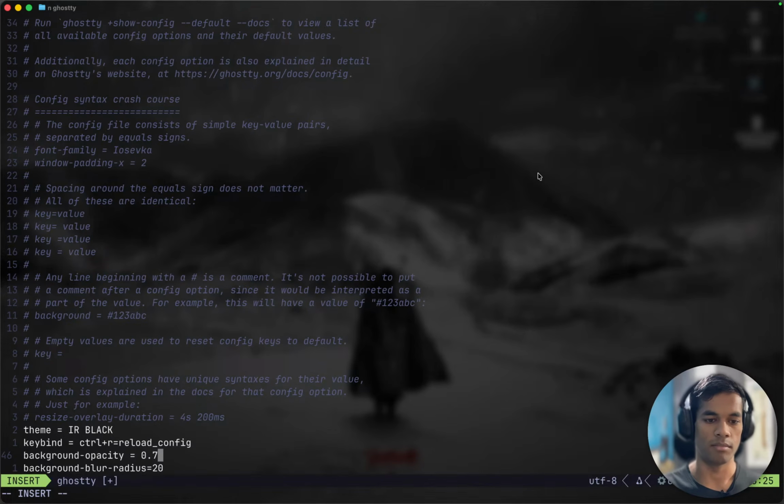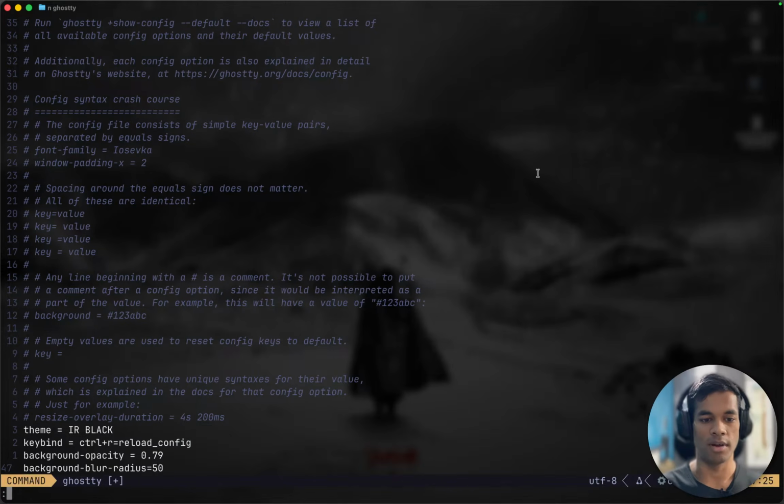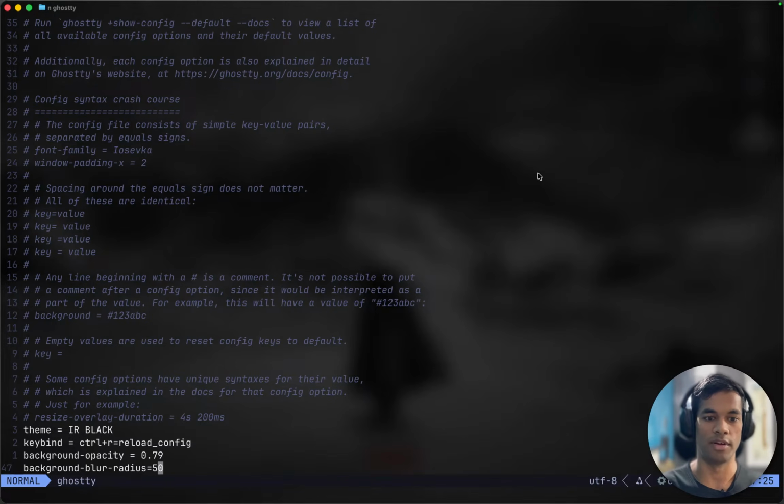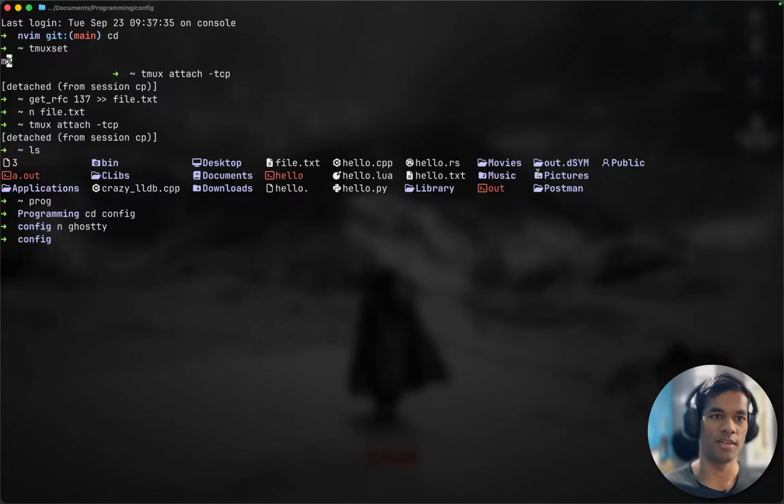And I can increase it to the sweet spot, which is 0.79. That is the sweet spot. And we can also increase the blur. There is a lot of blur now. We can decrease the blur a bit. That is nice. That is just the power that there is with Ghosty. Ghosty is the terminal.